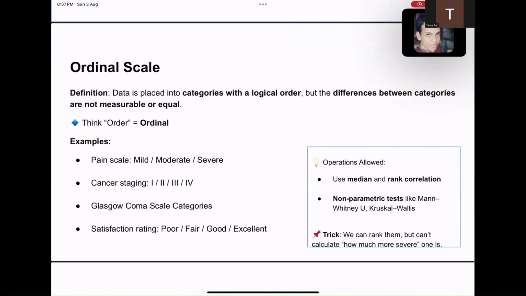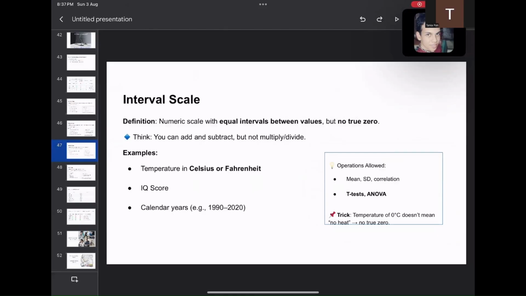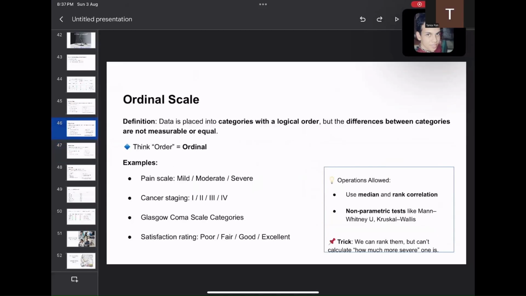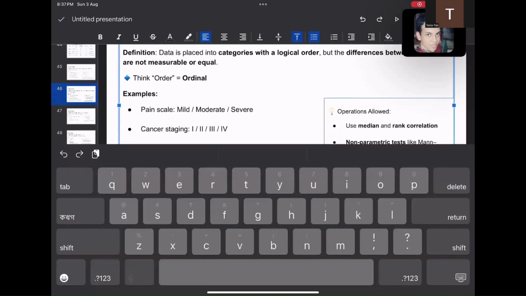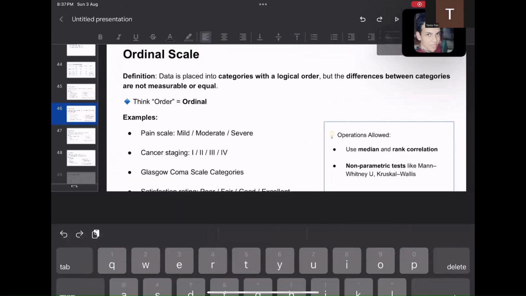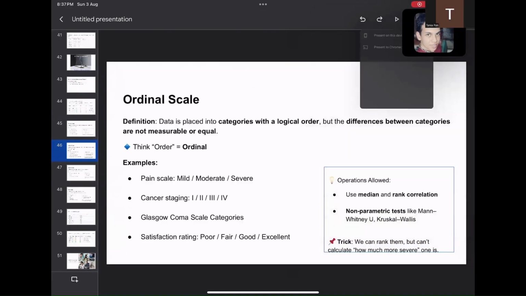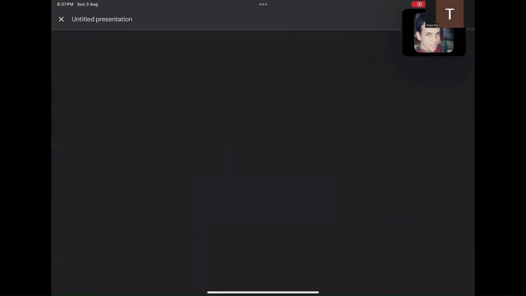So ordinal scale, we come to. Sorry. Just a second.